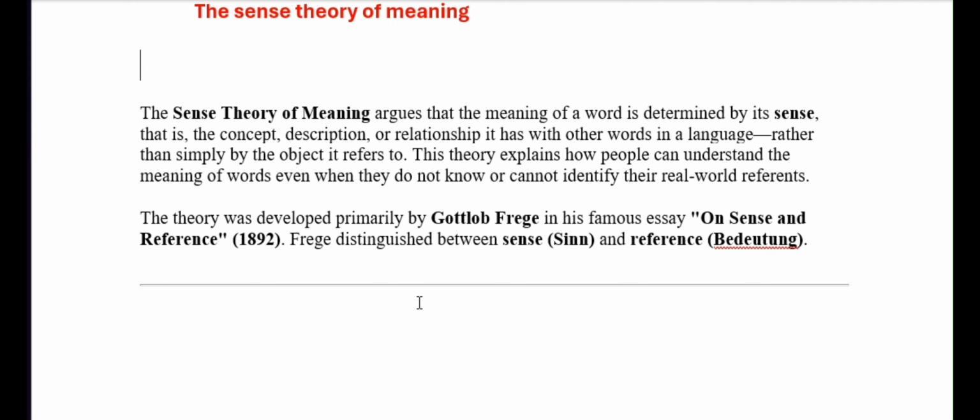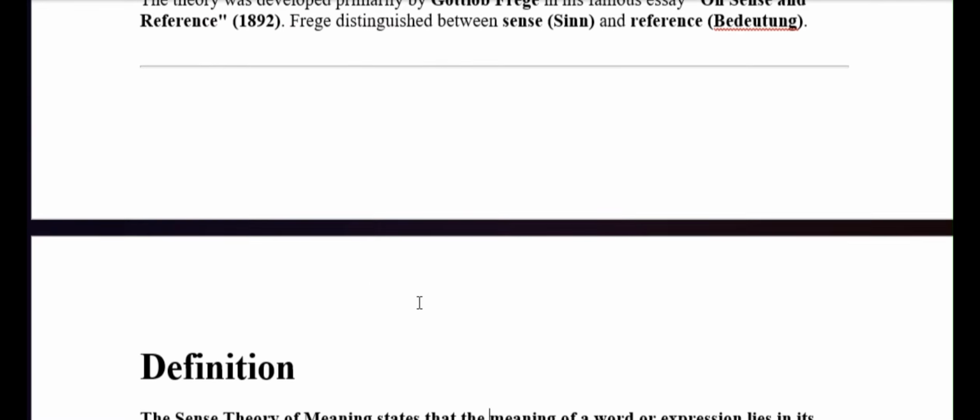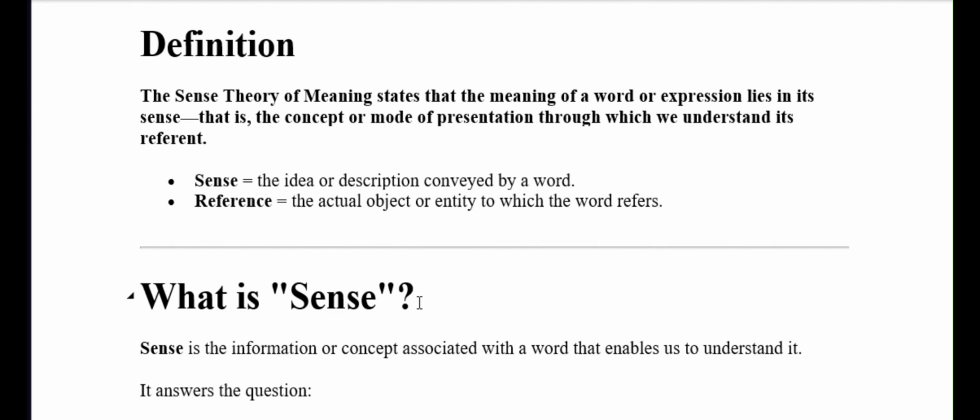Basically, sense theory is that the meaning of a word lies in its sense. What do you understand by the word sense? It is the idea or description conveyed by a word. Reference is the actual object. Okay, tree is the actual object which is the reference, and the sense, what is a tree?